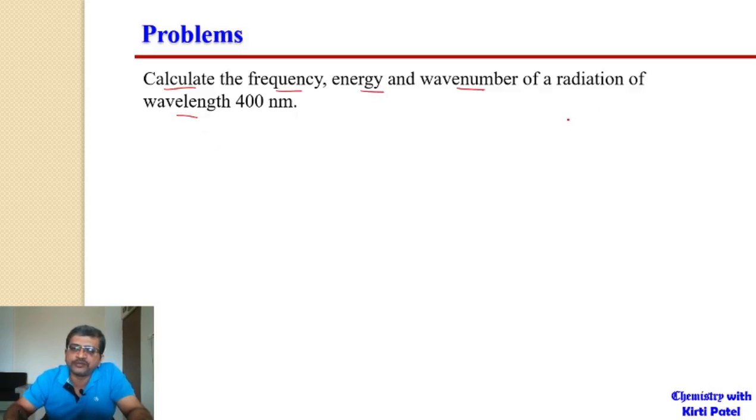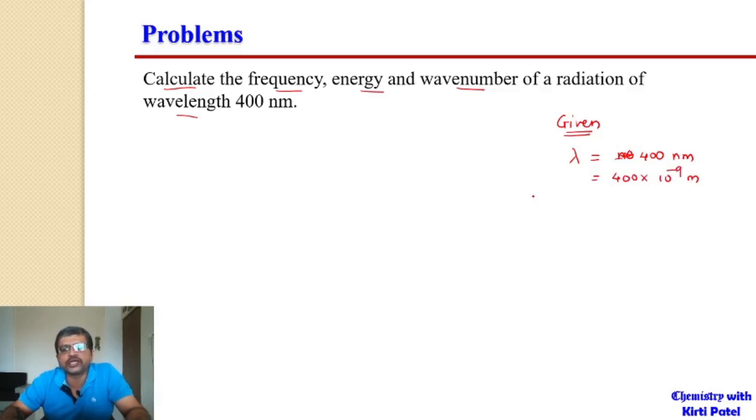सो जब भी आप प्रॉब्लम सॉल्व करते हो तो फर्स्ट थिंग होती है कि आपको गिवन क्वांटिटीज यहाँ पे लिखनी है. गिवन क्वांटिटीज में हमारे पास है वेवलेंथ इज गिवन टू यू. सो वेवलेंथ इज 400 nanometers. We have 400 nanometers as the wavelength provided to us. This is equal to 400 into 10 to the power of minus 9 meters.